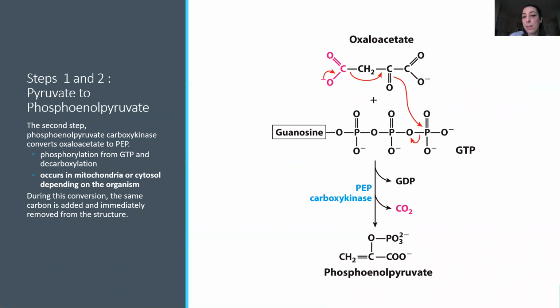The second step in this is going to then be our generation of phosphoenolpyruvate from the oxaloacetate we just made. Again, this is abbreviated as PEP, phosphoenolpyruvate. So this is interesting because the CO2 that we just put onto our pyruvate to make oxaloacetate is actually now going to be removed, and it's going to be removed with the help of a GTP.